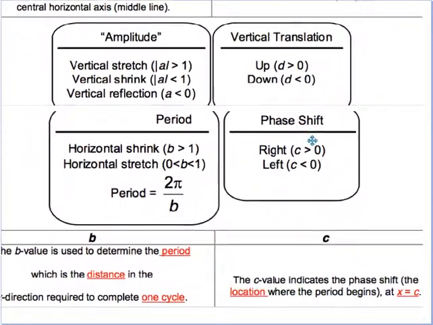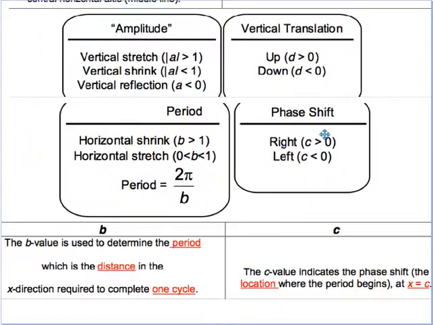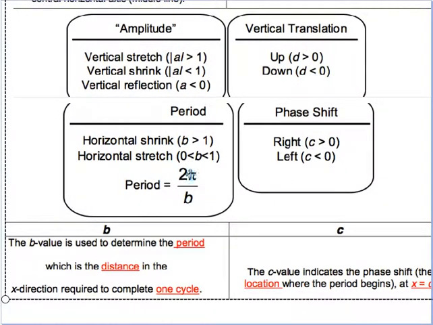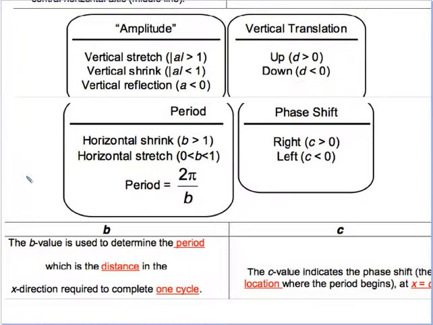And then just make sure you remember how to find your period: the period is 2 pi over b, when you have your b value and you're looking for your period. If you have the period and you need to find b, it's 2 pi divided by your period. Very similar, you're just switching the p's and the b's.